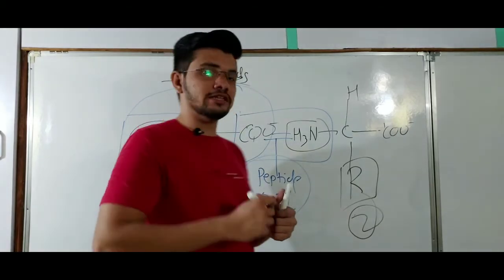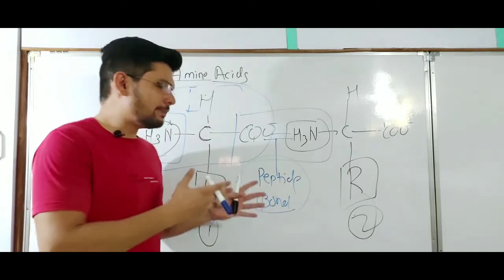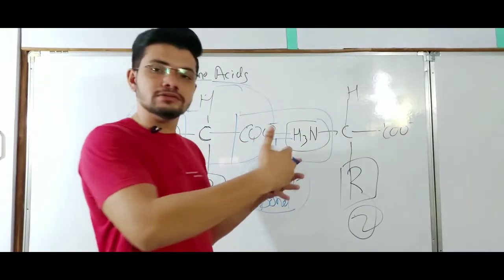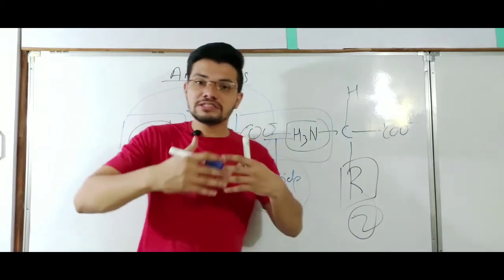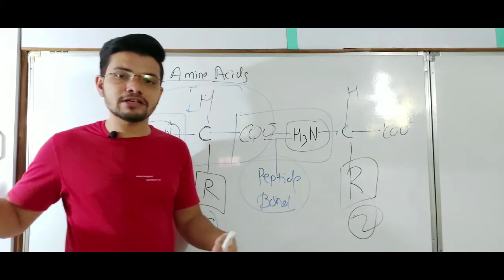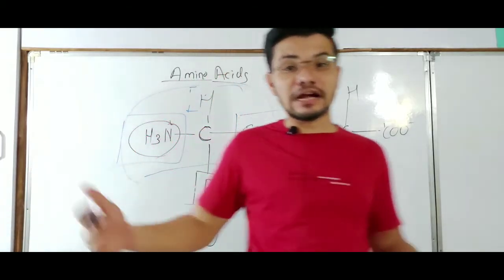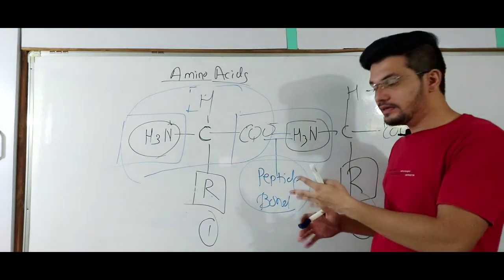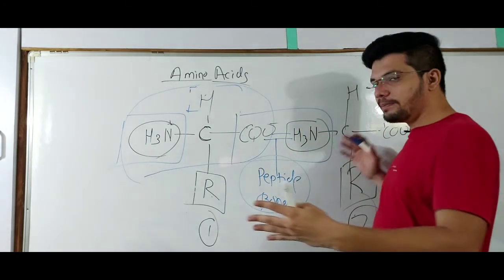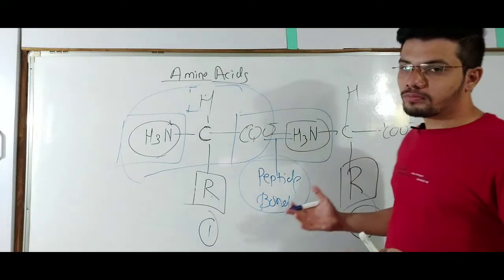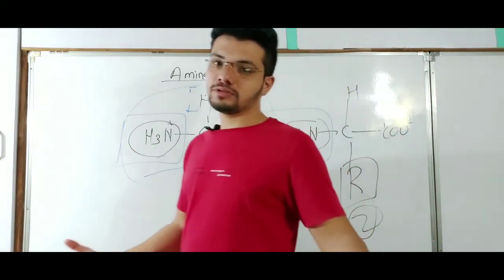I am not going into the details of the chemistry, but the peptide bond is formed between two successive amino acids and they get joined. That's why the chain of the protein that we ultimately get after translation is known as a polypeptide chain. Why polypeptide chain? Because so many peptide bonds are there, so many amino acids are joined to form a polypeptide chain.